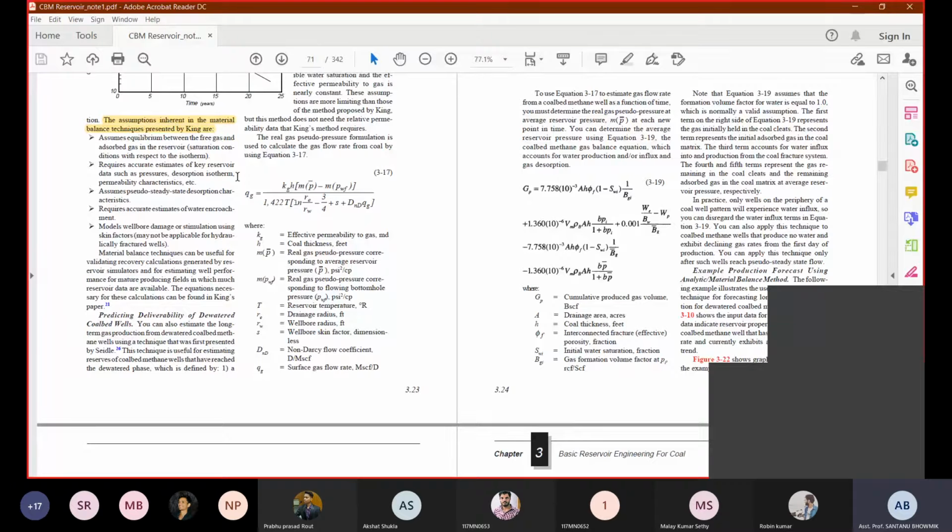Now why is the assumption of pseudo steady state important? Initially, you have to consider that whatever your reservoir properties are, they are not changing with time. But actually it is not a steady state, that's why it is called pseudo steady state.